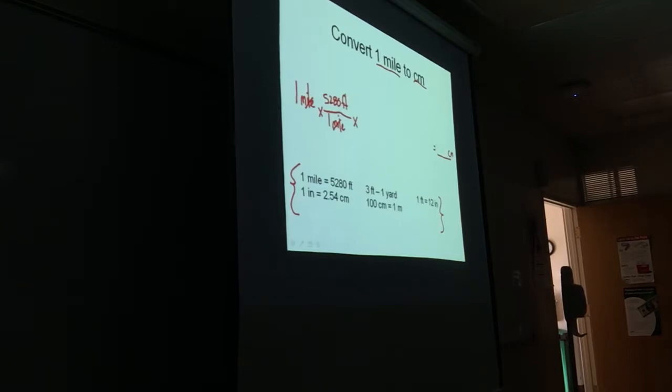Well, this conversion factor has been used, so that's out of the question now. What do I have to take me out of feet? If I look down here, I really only have 2 conversion factors: 1 foot and 12 inches, and 3 feet and 1 yard. There are no other conversion factors that use yards, so I'm not going to choose that. I'm going to choose 1 foot and 12 inches.